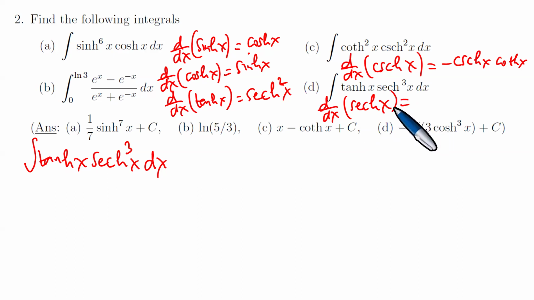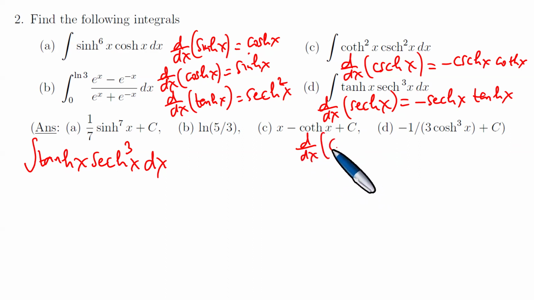Sech of x is the negative sech x tanh x. And what is the derivative of the coth? The derivative of coth of x is minus hyperbolic cosecant squared of x.